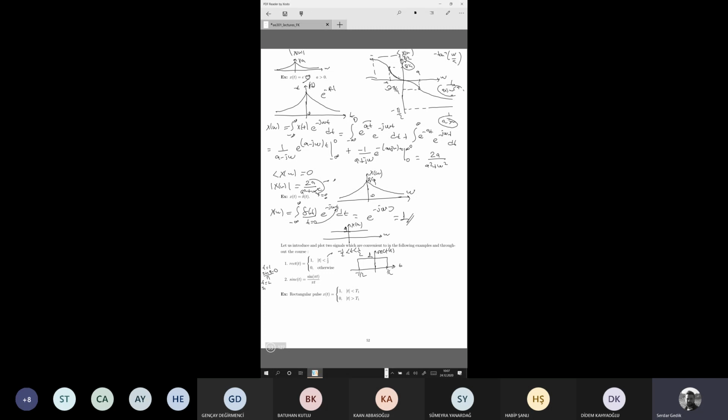At t equals 2, you have sine 2 pi over 2 pi. Again, sine 2 pi is 0, so this is again 0. So at integer values, plus minus 1, plus minus 2, plus minus 3, this sinc is all 0.